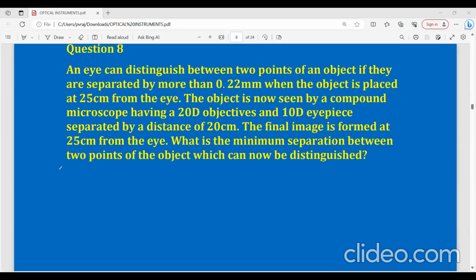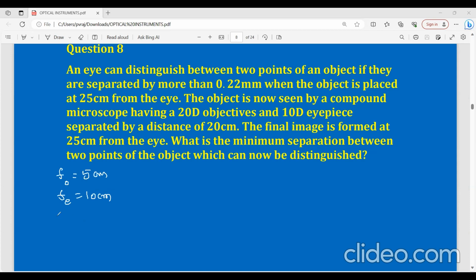What is the formula for focal length of objective? It will be 100 by 20. Directly I'm writing here. That is 5 centimeters. And focal length of eyepiece: power is 10 diopter, focal length will be 100 by 10, that is 10 centimeters.